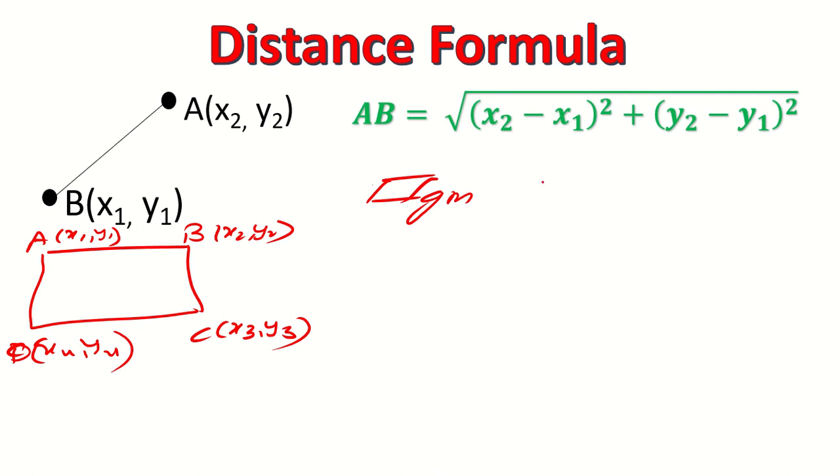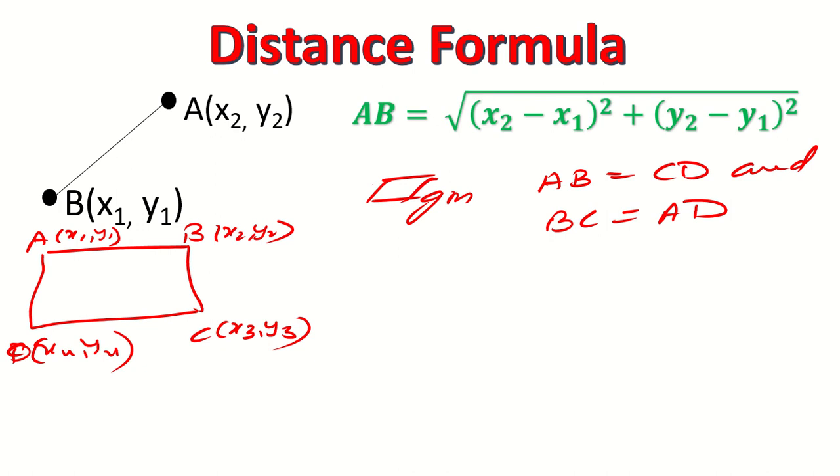Just show that opposite sides are equal: AB is equal to CD and BC is equal to AD. That's all. No need to mention that AC is not equal to BD. You will mention this when they say show that it is a parallelogram but not a rectangle. Remember my dear students, parallelogram, rectangle, square, rhombus, everything is a parallelogram.